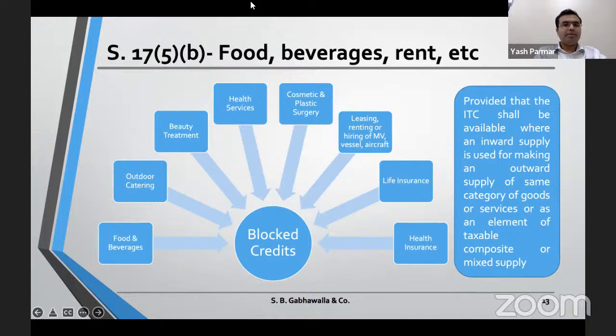Now what this means is that if I am into the business of providing food and beverage, so if I am a trader in bottles of juices, then even though beverages is a block credit, because I am a trader in beverages, I am buying it and I am selling it, I am entitled to claim ITC. This proviso takes me out from this blocking. If it is used for making an outward supply of the same category, then it is not a block credit.